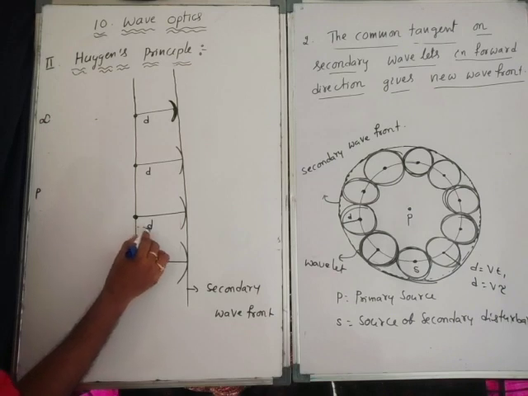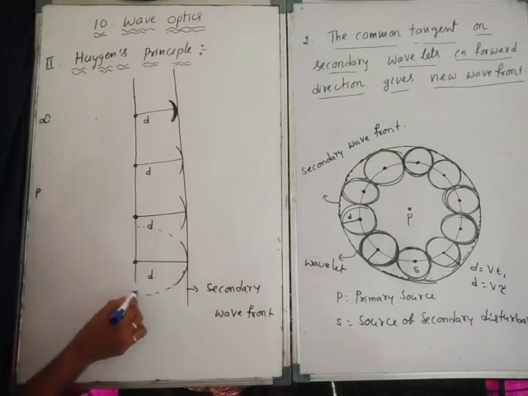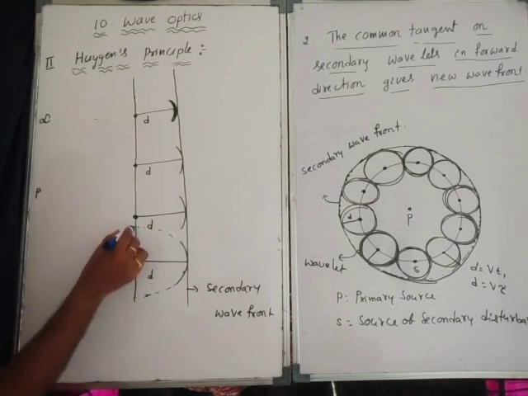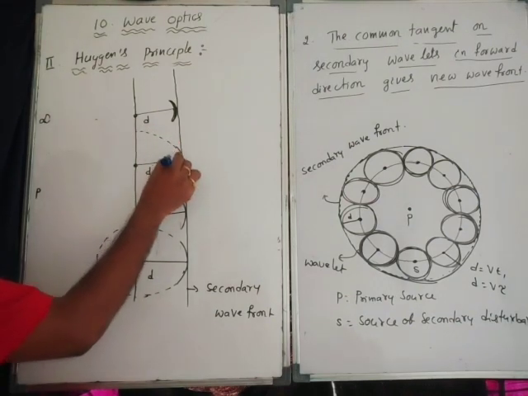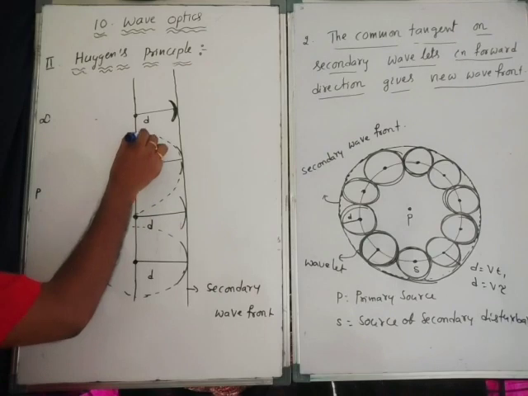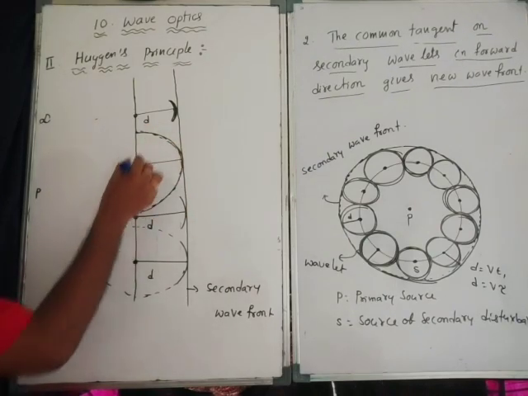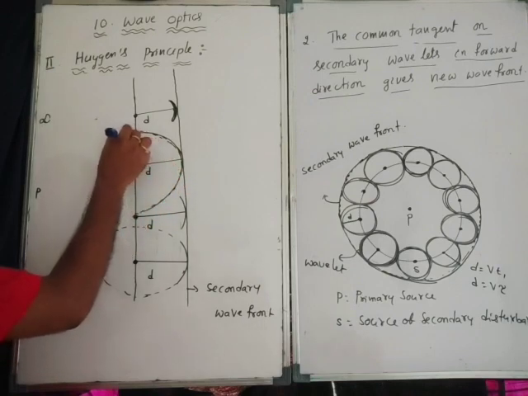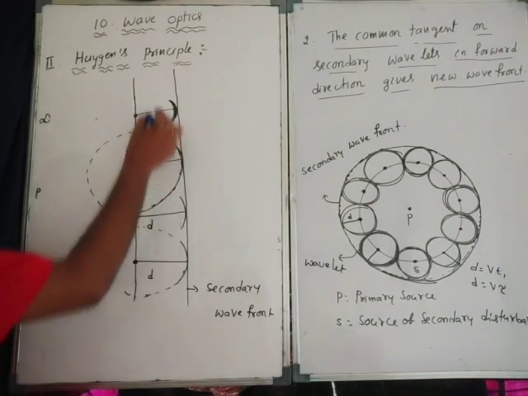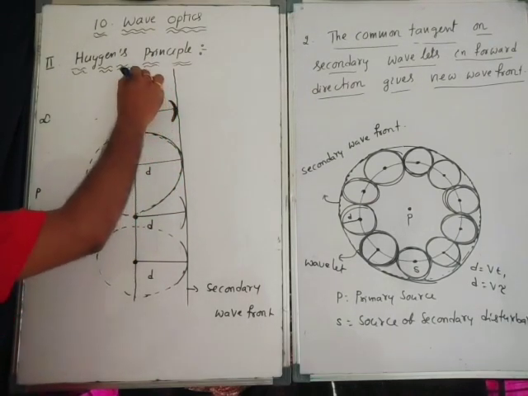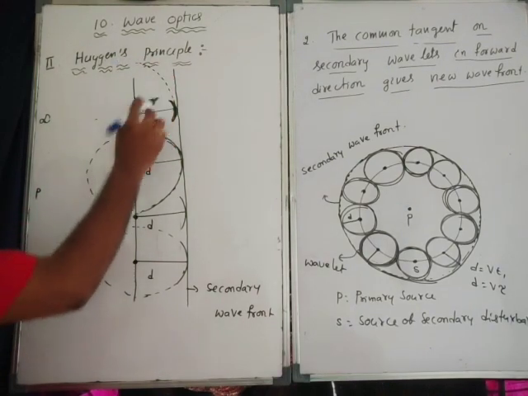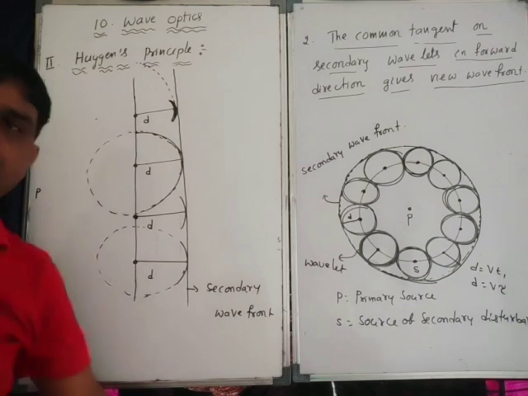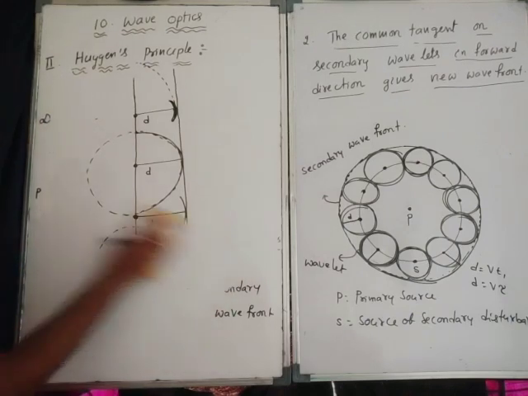So half of the circle. So again here a half circle. Here also. Right? So here also. Right? So like that we can form. Are you clear, everybody?